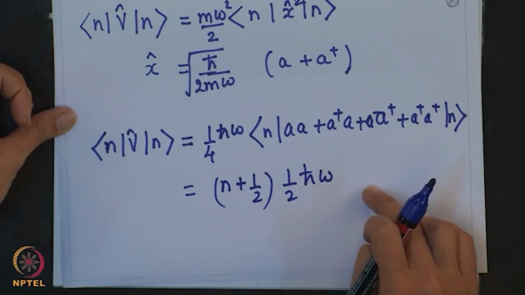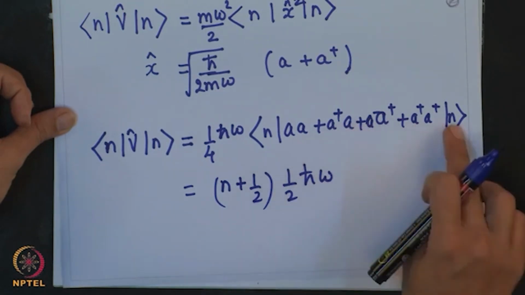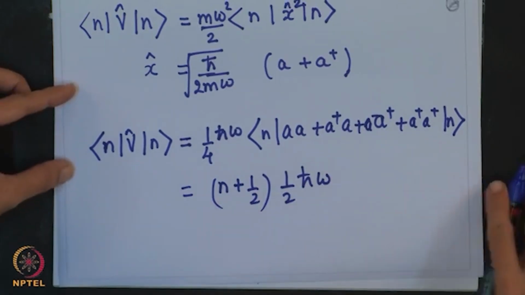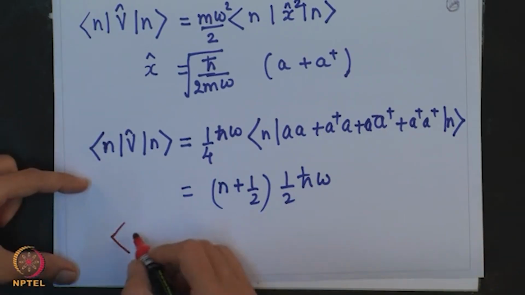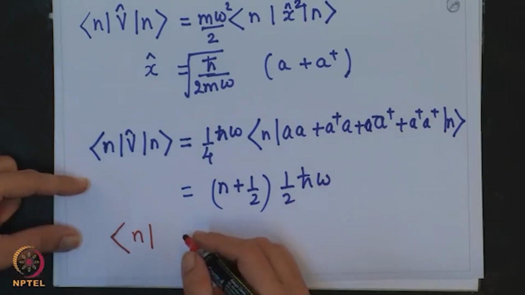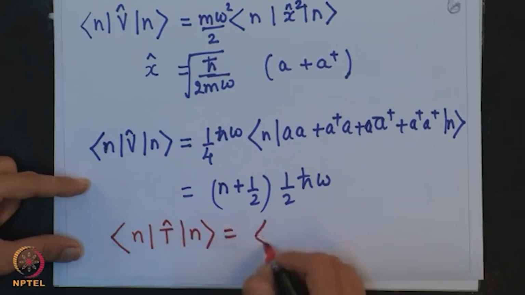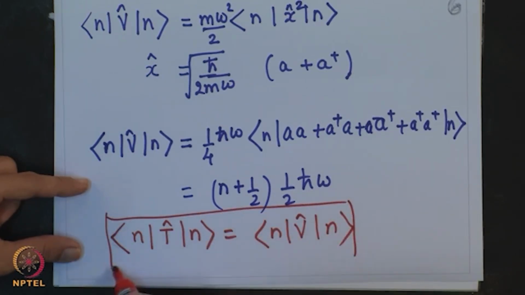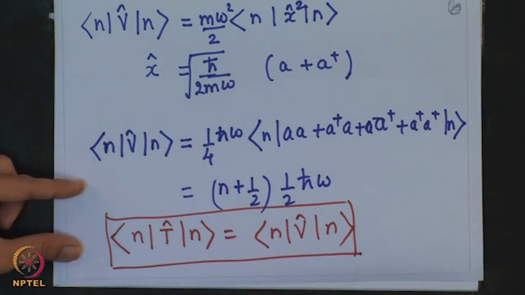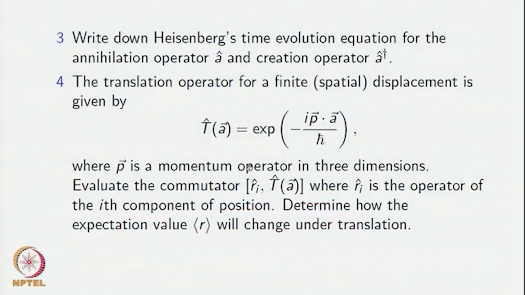You have to explicitly check this. It is similar, but you can go through it once so that you are thorough with it. So, what do we obtain in the final expression? We obtain that the matrix element of the kinetic energy operator and the potential energy operator turn out to be equal. This is nothing but the virial theorem. Up till now things are very simple. Let us go to the next problem.